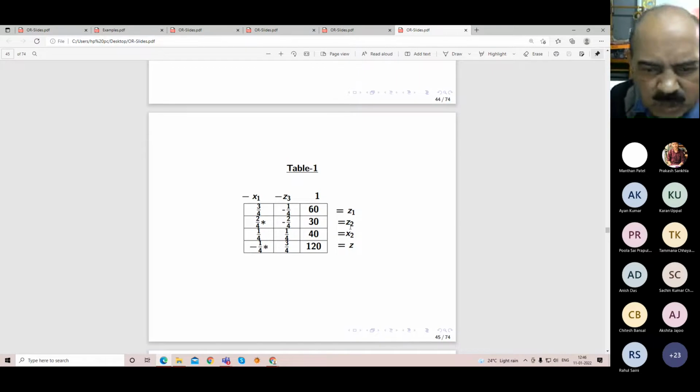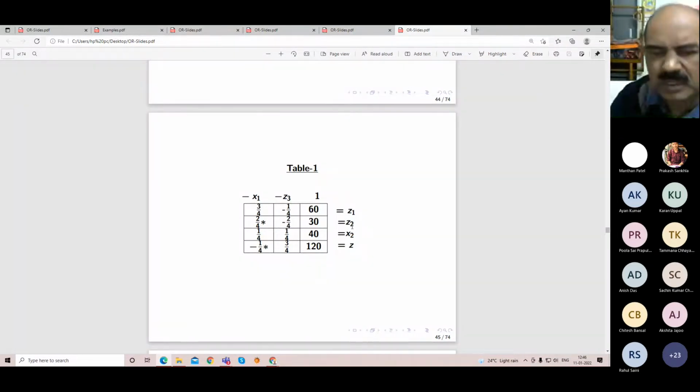In place of z2, we'll have here x1. So x1 is becoming the entering variable and z2 is becoming the departing variable. This x1 is our new basic variable and z2 is becoming a non-basic variable.